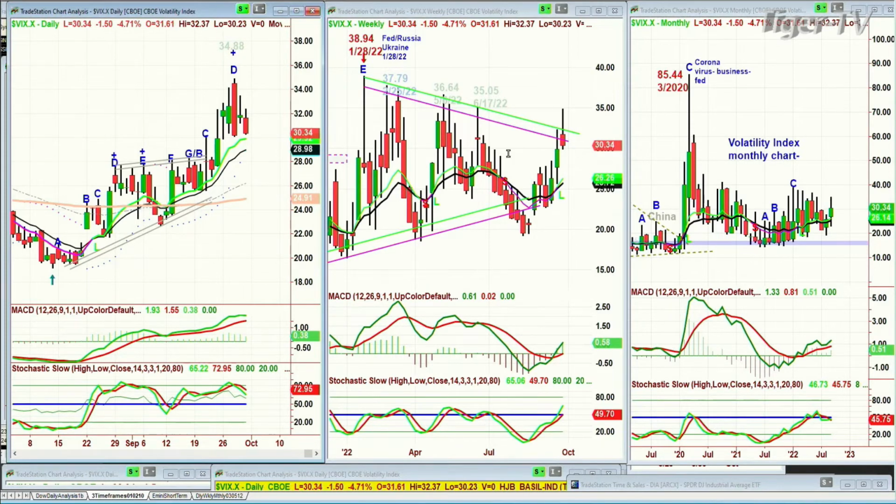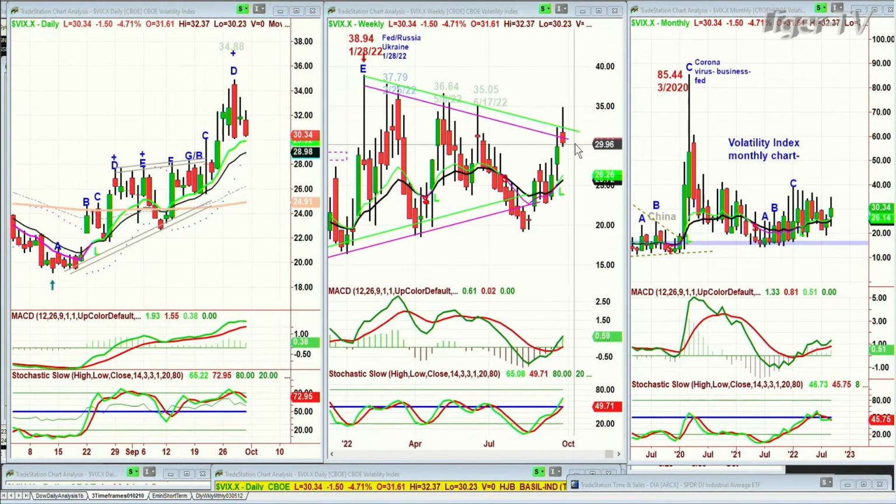The day is young. Anything can happen. But I can just tell you this, if there is a close, I'll give you 2 levels. One, if there is a close underneath the green line, under 32.19, that's okay. It's worked its magic.